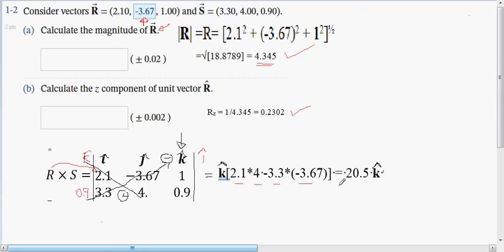When we do the math on that, we get that the length of that vector that we're calculating is going to have in the k direction 20.5 units.